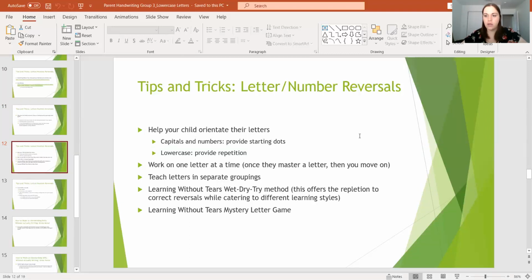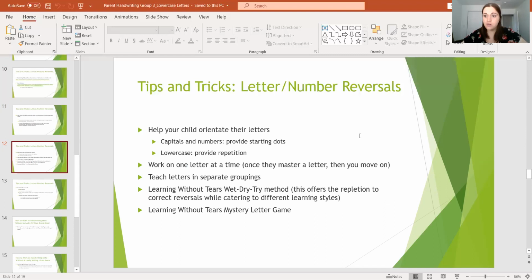If the kiddo is struggling with a letter, it's time to do a lot of repetition with it. Make it fun. We've talked about different sensory strategies, like making the letter in shaving cream or building the letter out of Play-Doh. It doesn't have to be just sit down and write the letter G a million times. It can be a lot of fun, but doing a lot of repetition will help the kiddos with their lowercase letters.